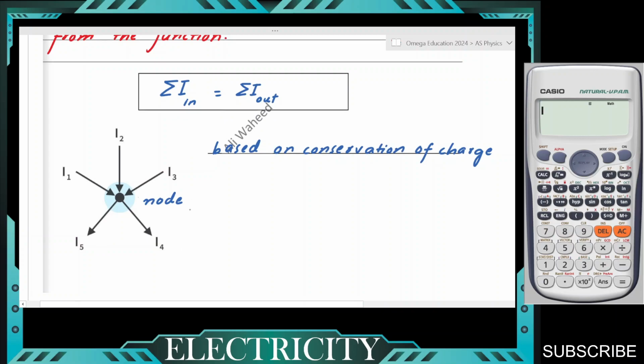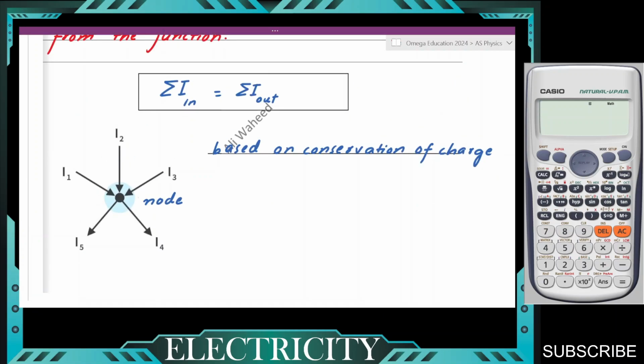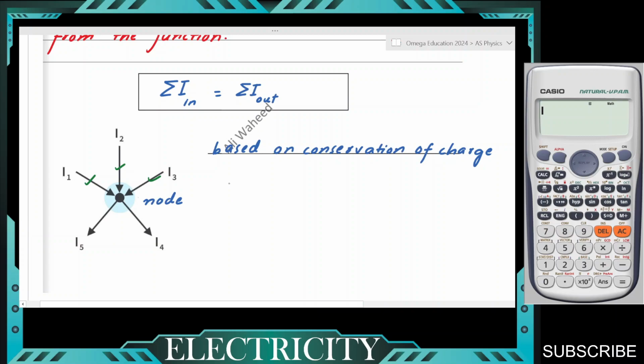So if I am to write the expression for this one, I can see there are three currents entering the junction, I1, I2, and I3. So you can clearly see three currents are entering the junction.